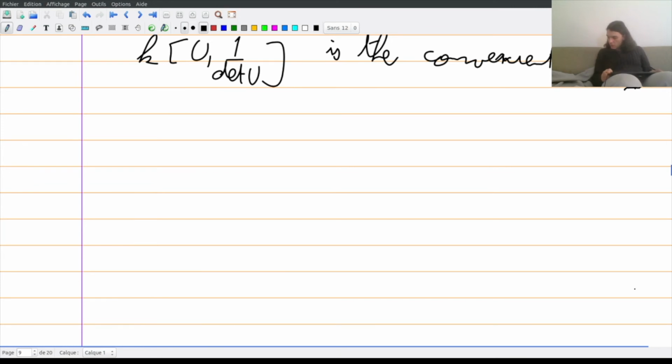So okay, now the last thing that we are going to see is the fact that the PV extension is not always an integral domain, but we can say a lot of things on it.